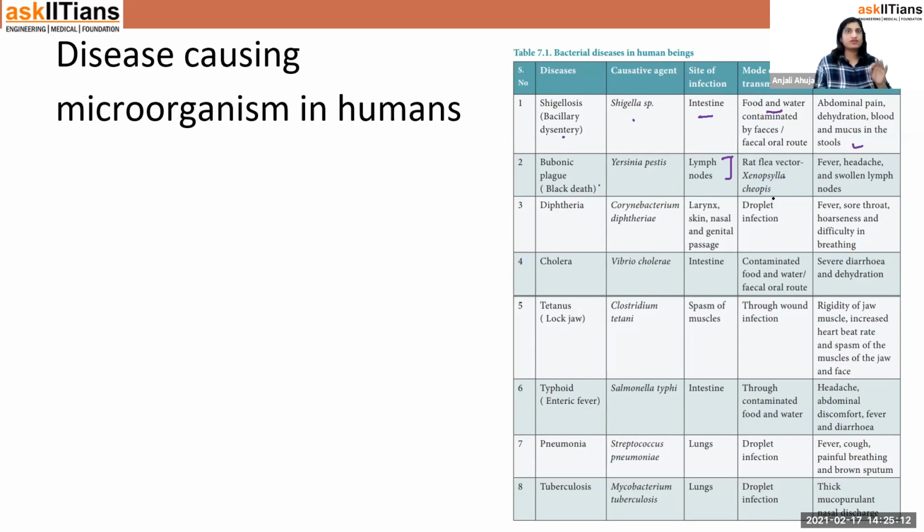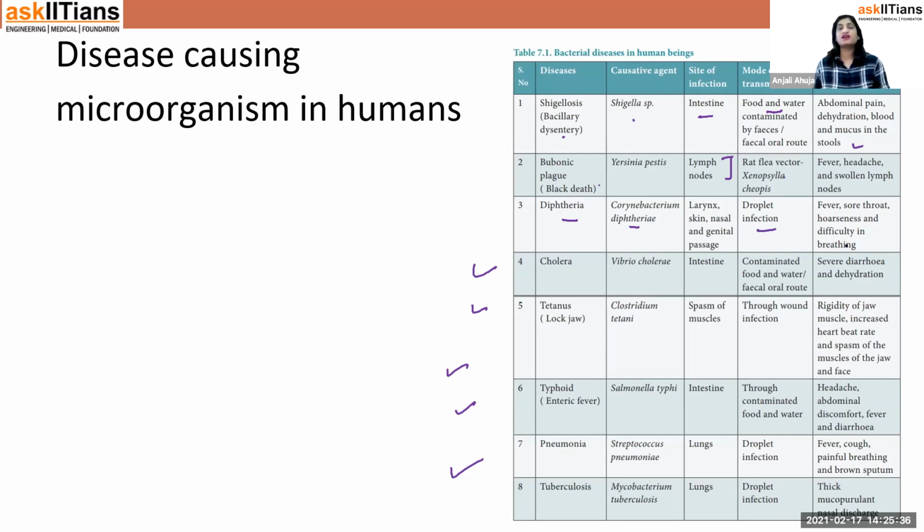First of all, let me mention the important ones you should remember: cholera, tetanus, typhoid, pneumonia, tuberculosis. Diphtheria is caused by Corynebacterium diphtheriae. The site of infection is the larynx, skin, nasal and genital passage, by droplet infection, with fever, sore throat, hoarseness.